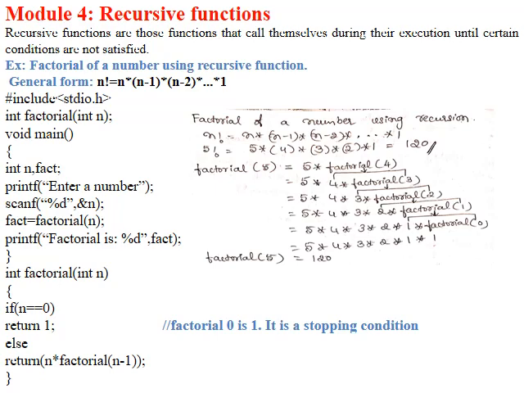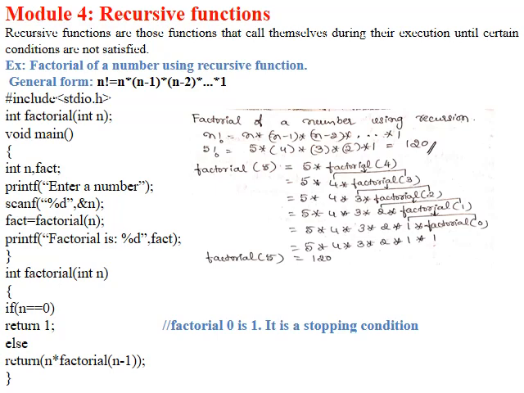So I have declared the variable n for that purpose, which is again integer type. Next, printf enter a number, %d comma ampersand n, that is I am going to store whatever input is given by the user in the variable n. Next, I am calling the function factorial. So fact equal to factorial of n.